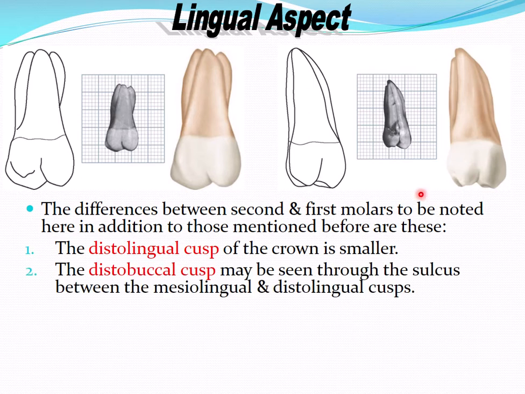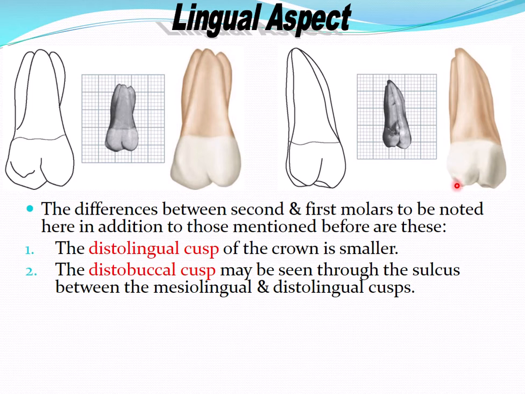الفرق الآخر the distobucal cusp. This is distal and this is mesial. This is distolingual. The distobucal cusp can be seen, طبعا هذا lingual aspect, mesiolingual, distobucal.